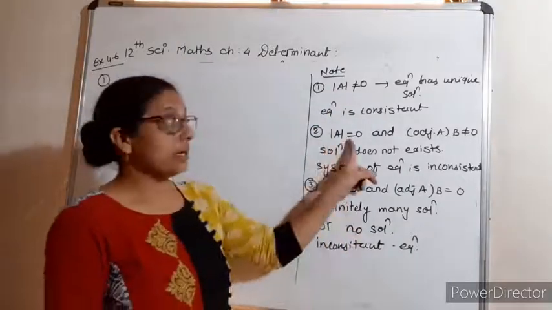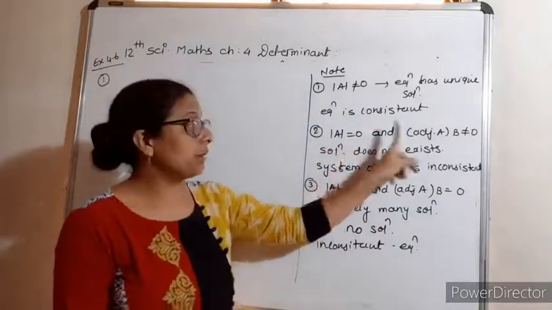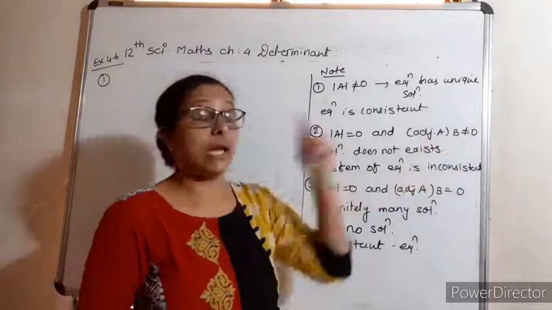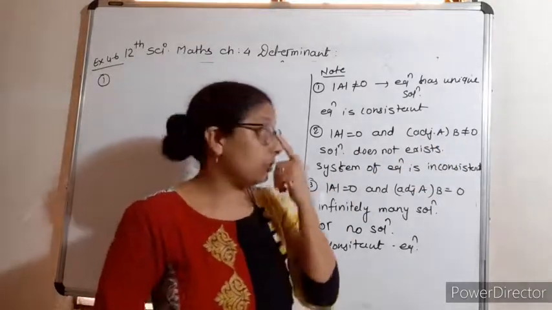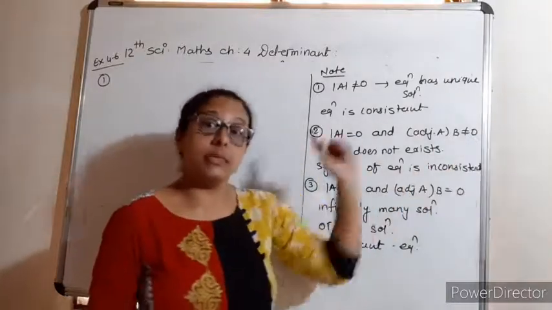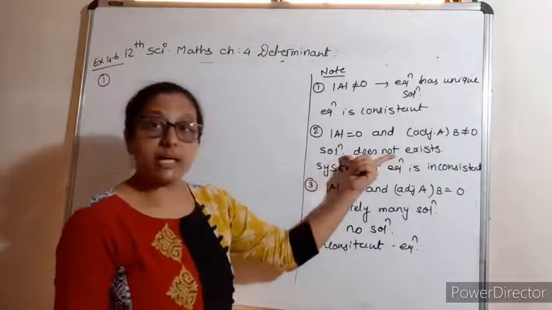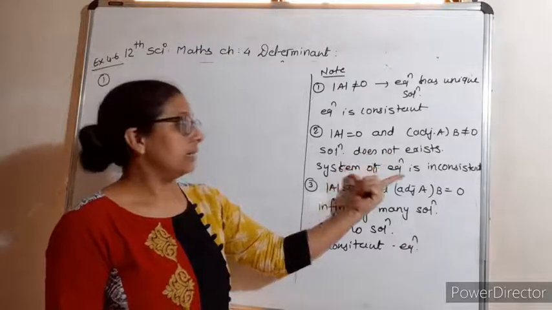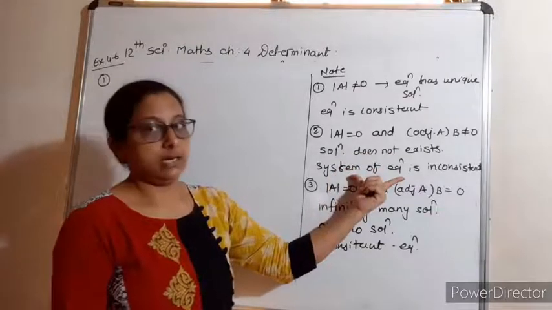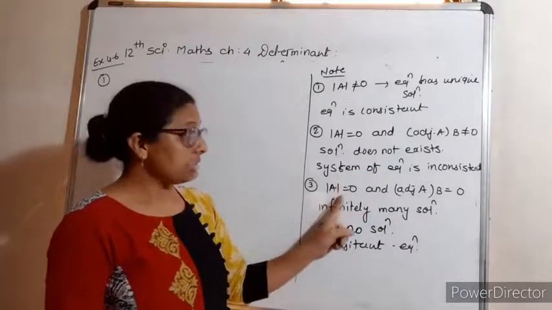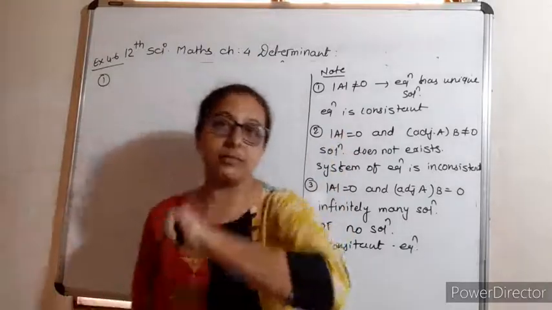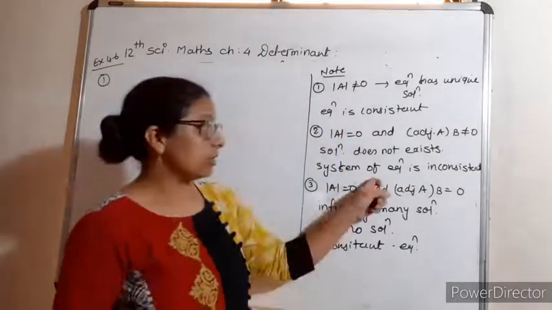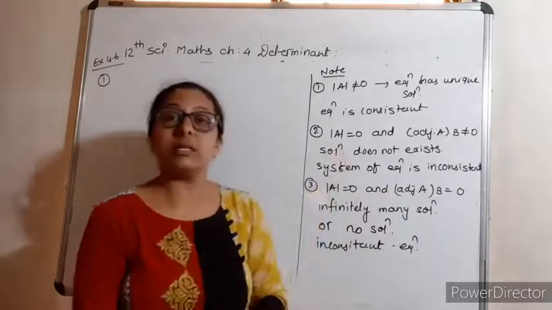If the determinant becomes 0, you have to find adjoint of A into B. If adjoint of A into B is not 0, then the solution does not exist and the system of equations is inconsistent. If determinant of A is 0, then there are two possibilities: whether the solution does not exist or infinitely many solutions.